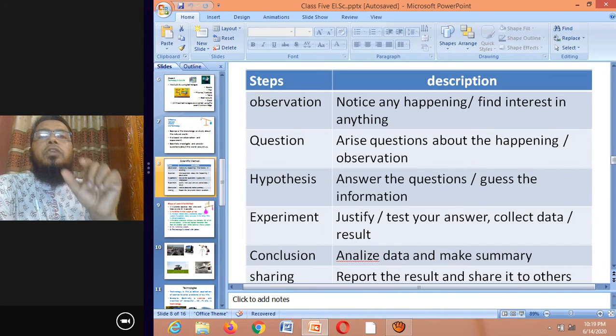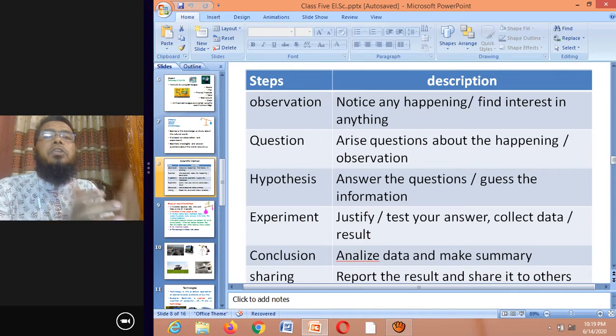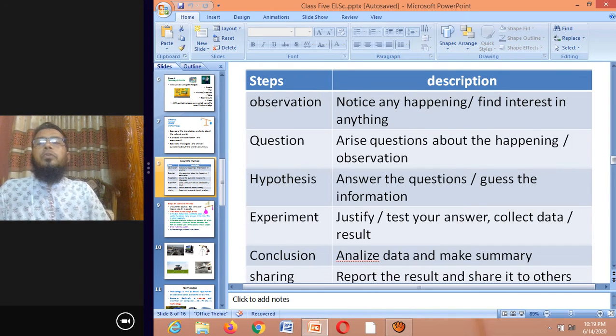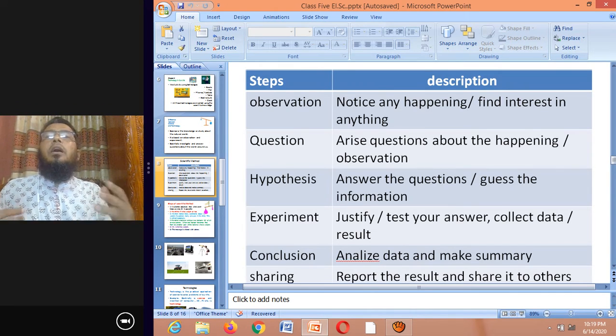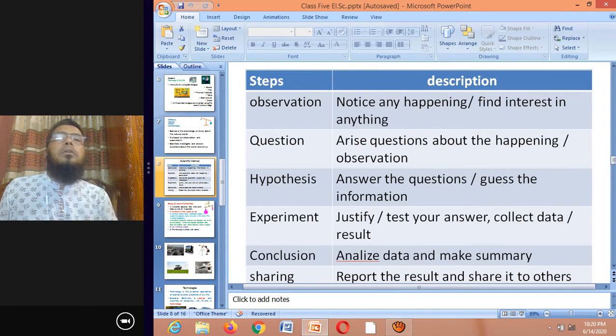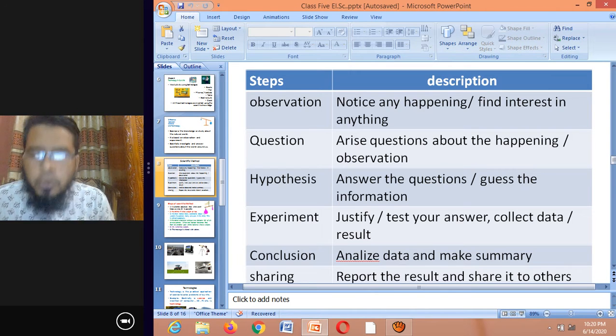And write the steps you will follow. That means step by step you will have to test your hypothesis. Collect data and record the results of your experiments. This is the system of experiments. And conclusion: analyze the data you collected and summarize your results. Think about whether your result supports your hypothesis or not.